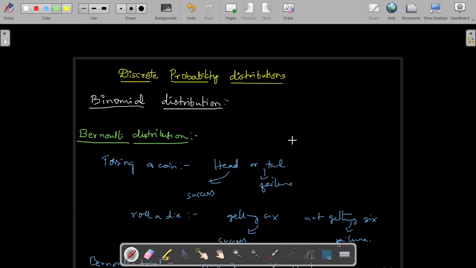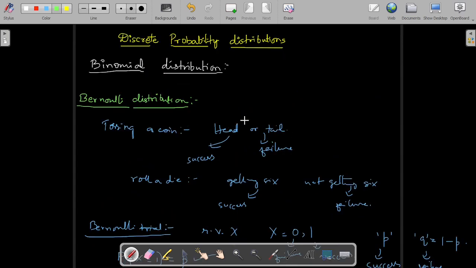To apply the Bernoulli distribution, you need to have a Bernoulli trial. What is a Bernoulli trial? A Bernoulli trial is a random experiment whose outcomes can be categorized into two categories.